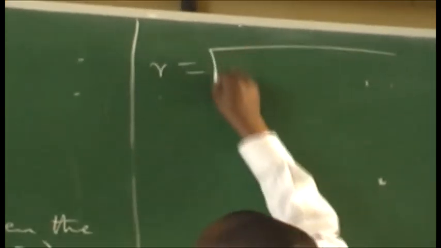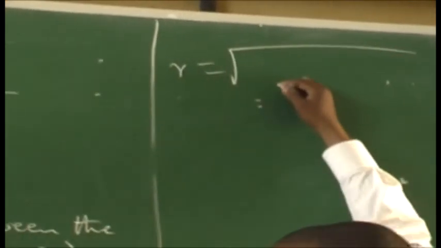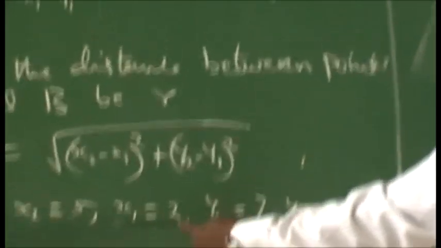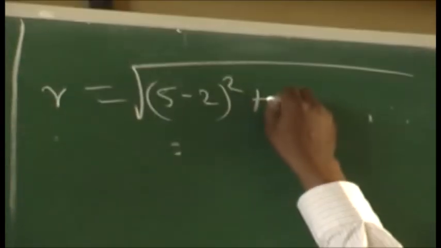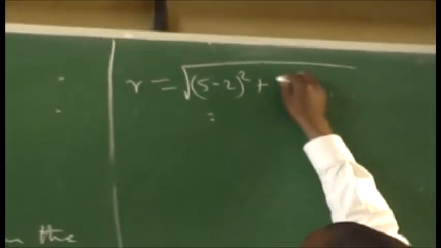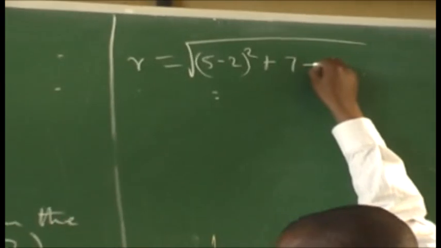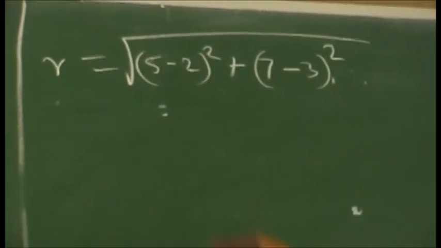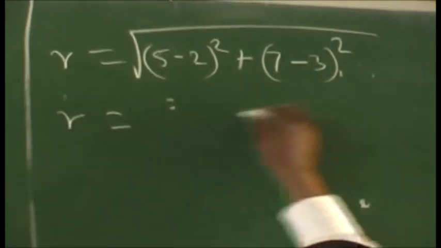If we do that, we now have that y will be equal to the square root of (5 minus 2) squared plus (7 minus 3) squared. Then what do we have?